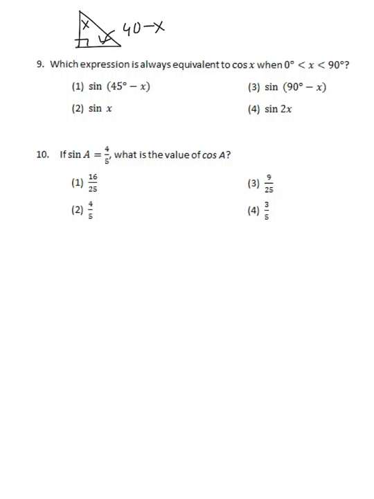And the only way for trig functions to be equal, we need to have it in terms of cofunctions. So cosine of x is equal to sine of 90 minus x. And the same goes for sine of x is equal to cosine of 90 minus x.